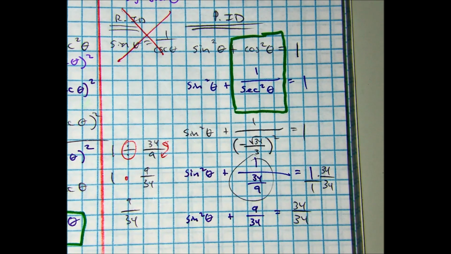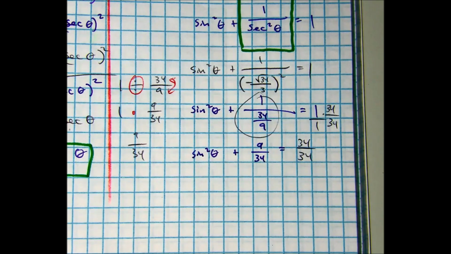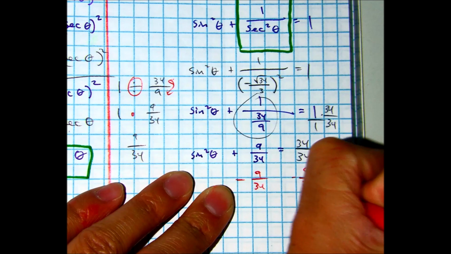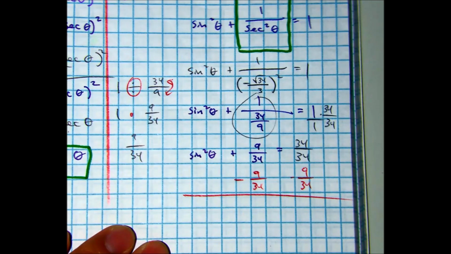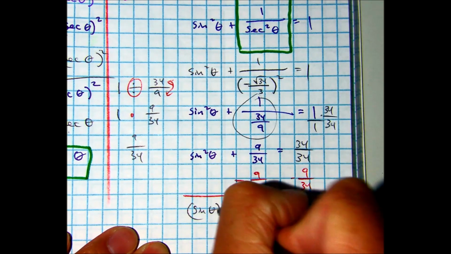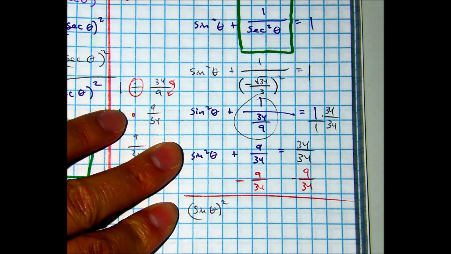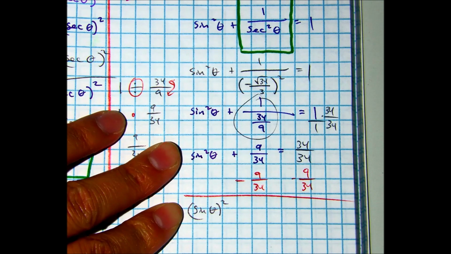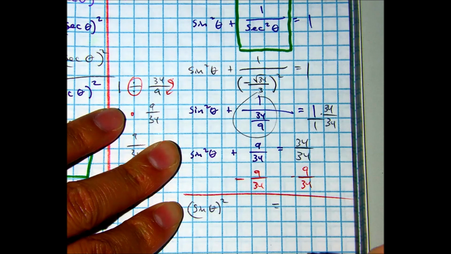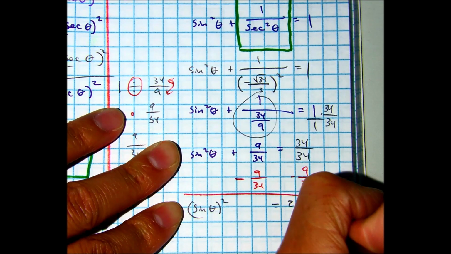Okay, so if I subtract now, think ahead. Sine theta squared means the same thing, right? It just means the angle of sine and then multiplied by itself. Equals 34 minus 9 is 25 over 34.